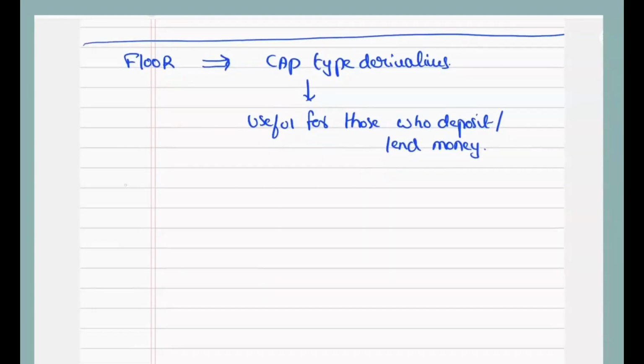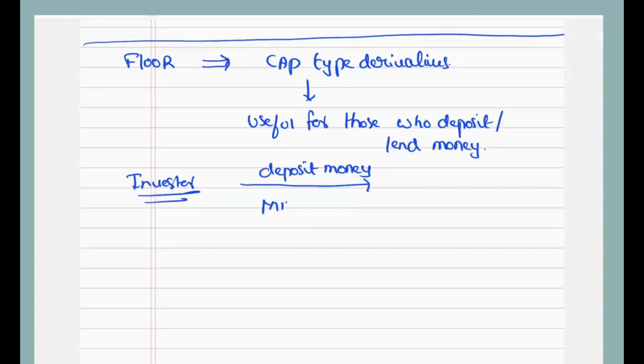Suppose you are the investor, right? So now what will you be doing? Assume you are going to deposit the money in any of the instruments. You're depositing the money on the basis of a floating rate, which is nothing but MIBOR plus 50 basis points.